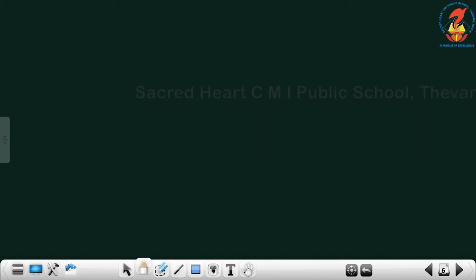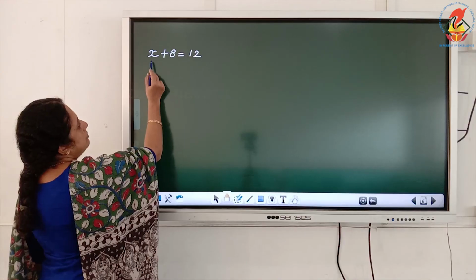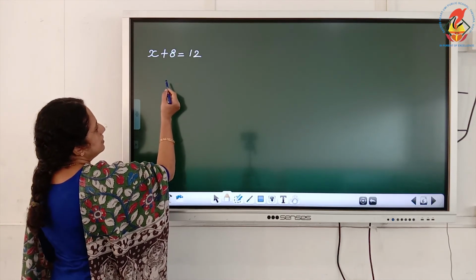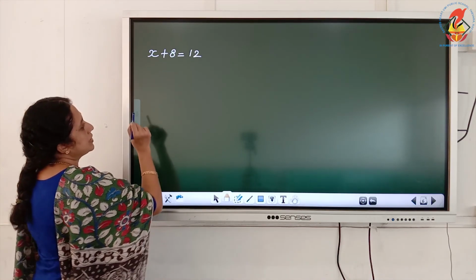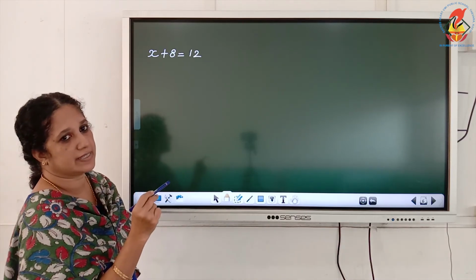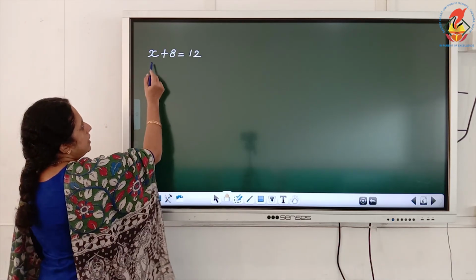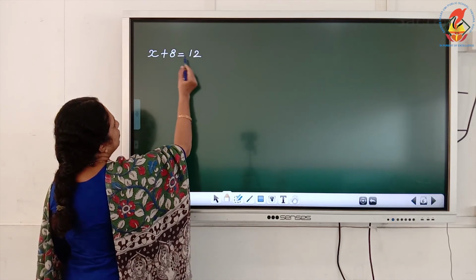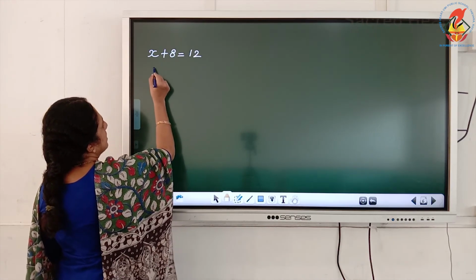For example, x plus 8 is equal to 12. Here we want to find the value of x. So you have to remember that all the time you have to keep the variable on the left hand side. We want to find the value of x, so keep the variable on the left hand side, and the other term you have to move from left hand side to right hand side.